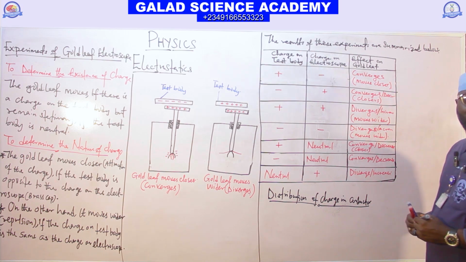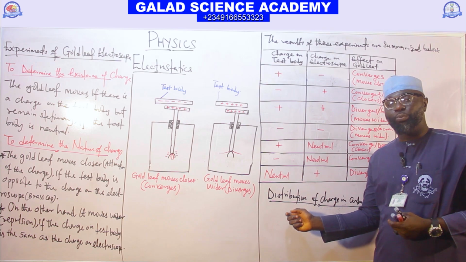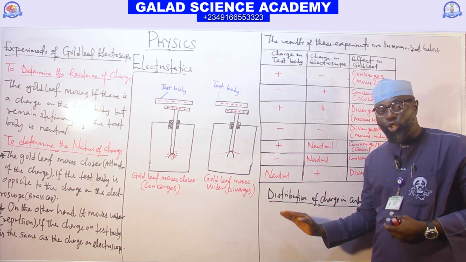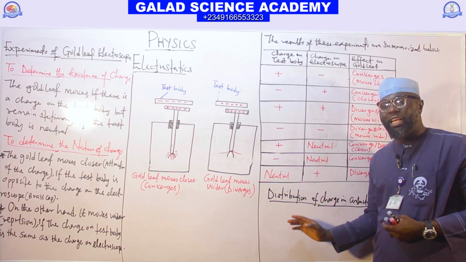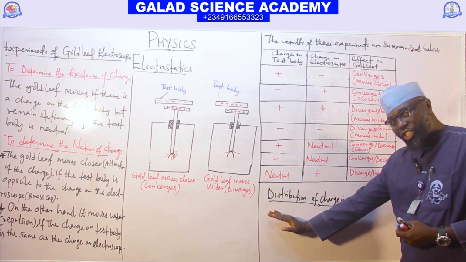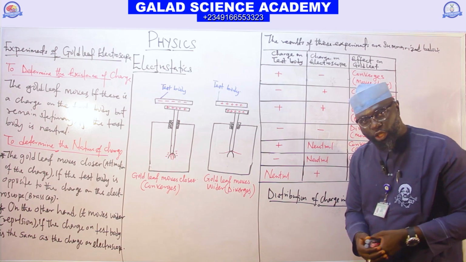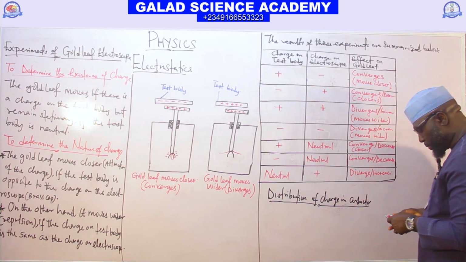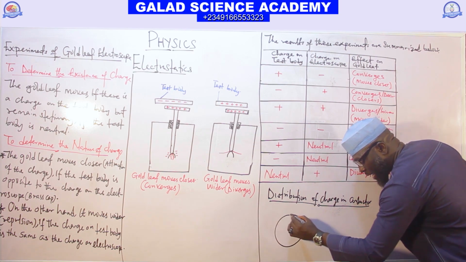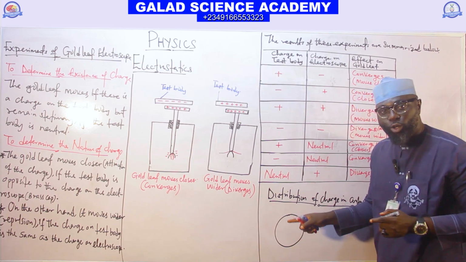See, the charge always distributes uniformly in a regular shape. Such as, if you have a shape of a sphere like this, and mind you, we cannot find charge inside a conductor.